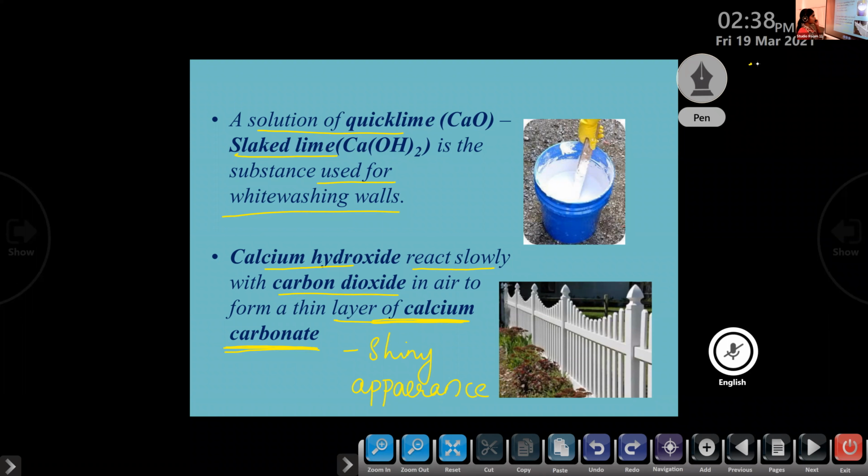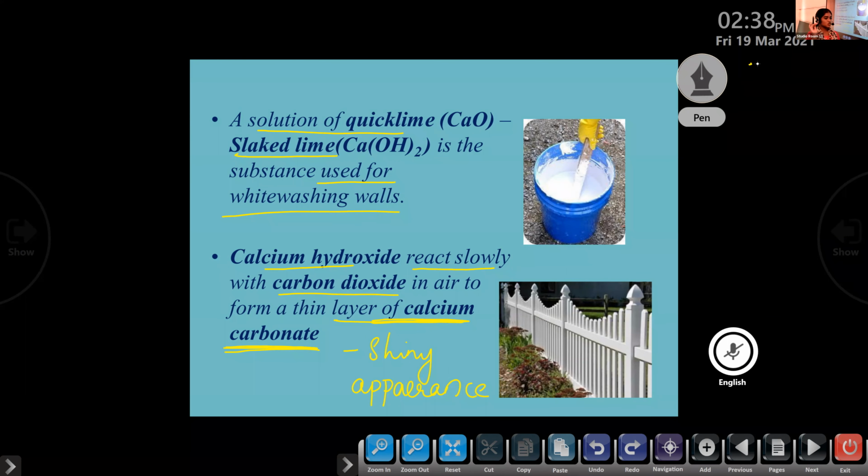So, a solution of quicklime, that is CaO, calcium oxide, means slaked lime. That is the substance used for whitewashing walls. So, the answer for the question, which substance is used for whitewashing walls? You have to write calcium oxide.